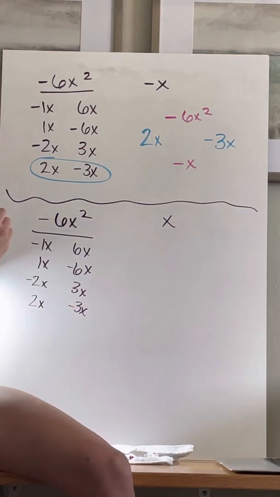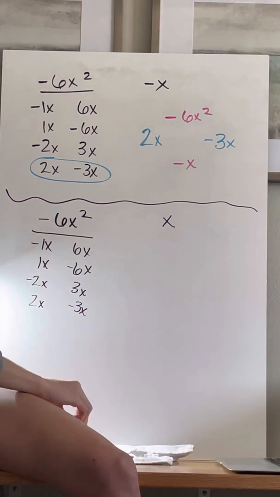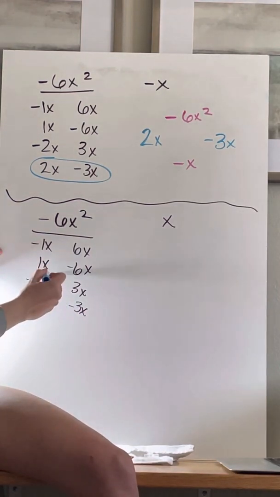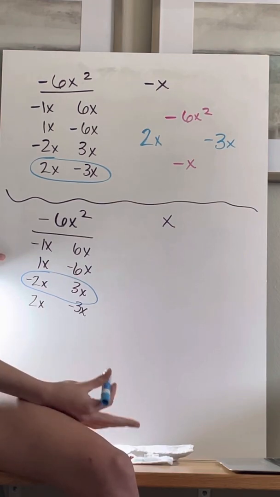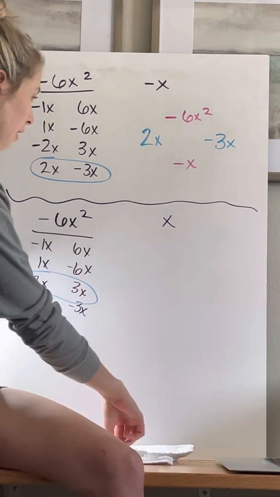Right, so we have the same multiples below as we do above, but which one is going to add to give us x? It's going to be that one, right? Negative 2x plus 3x is going to give us a positive x.